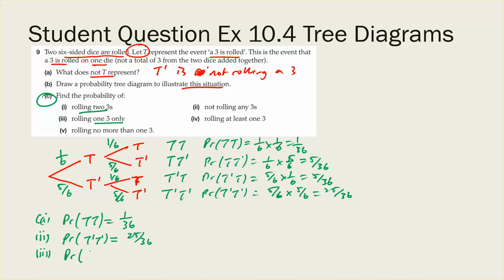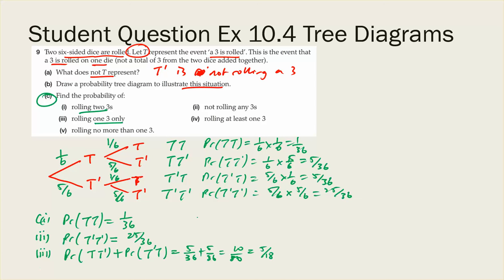The probability of T not T plus the probability of not T T. I've already done my probabilities, so this is easy: 5 out of 36 plus 5 out of 36 equals 10 out of 36, which equals 5 over 18.